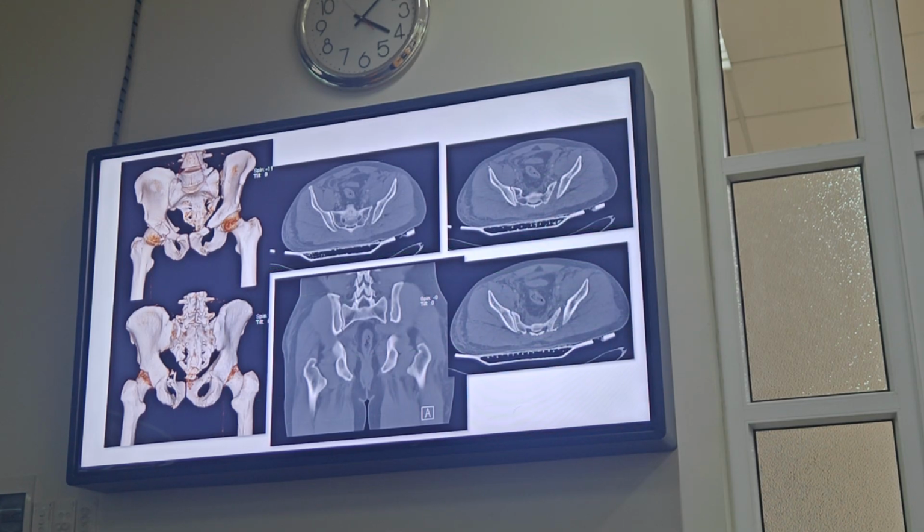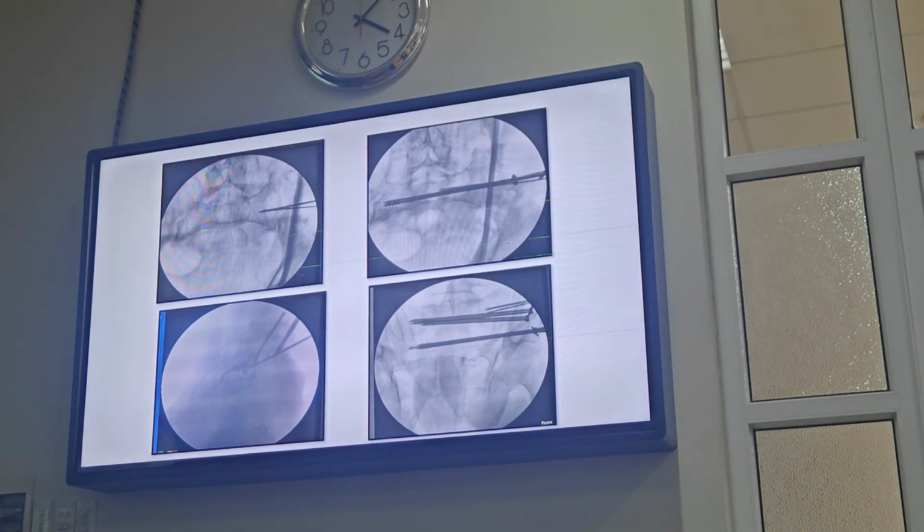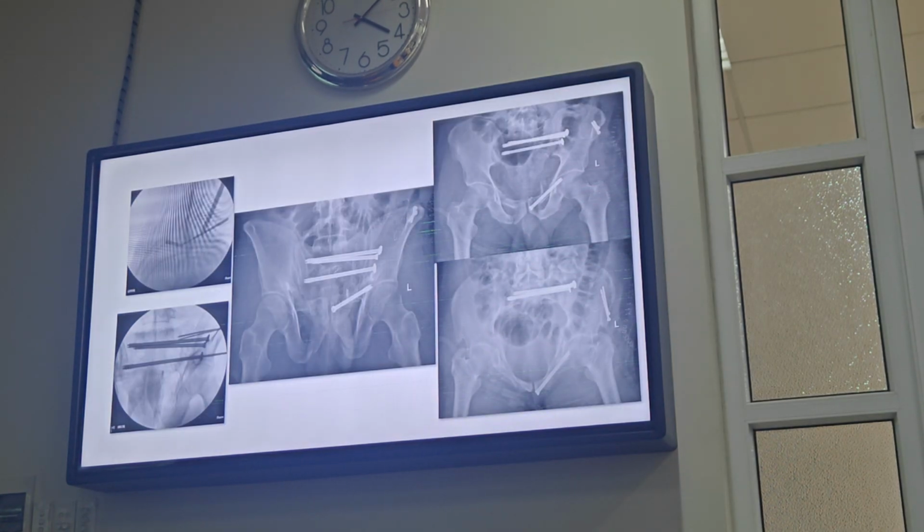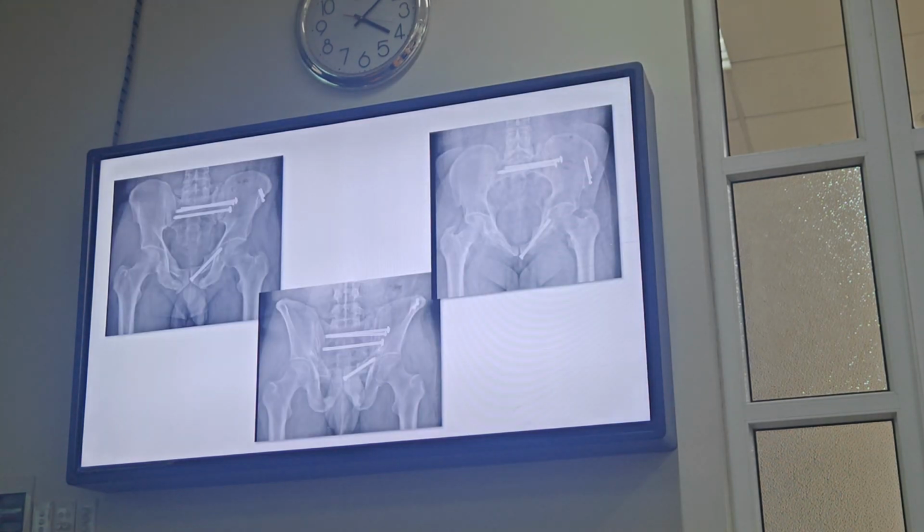This is an SI joint injury, and it is going vertically up. You put in an iliosacral screw. You put in the screws, as you see, 2 screws in S1, 1 screw in S2, and then the front pubic rami was fixed with 1 more screw. And this is his follow-up after maybe 6 months or 1 year. You can see that things are uniting in the front.